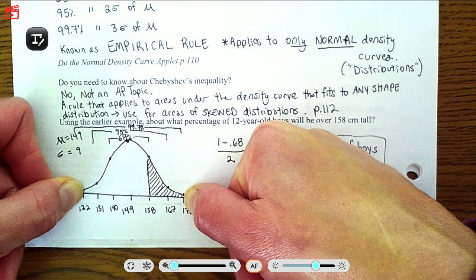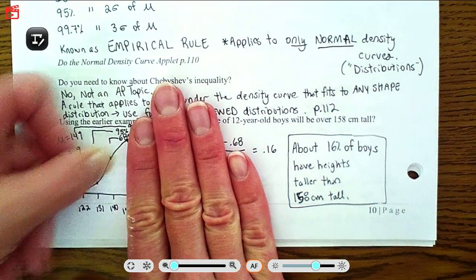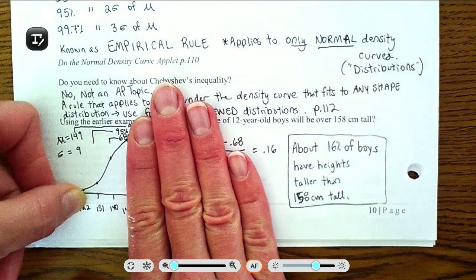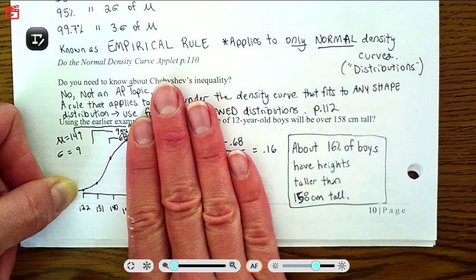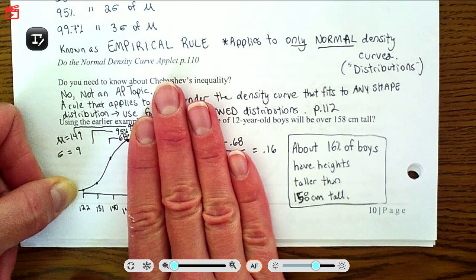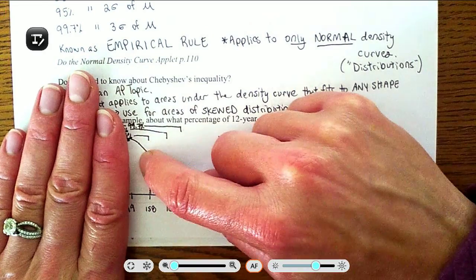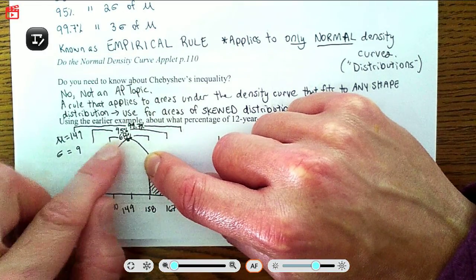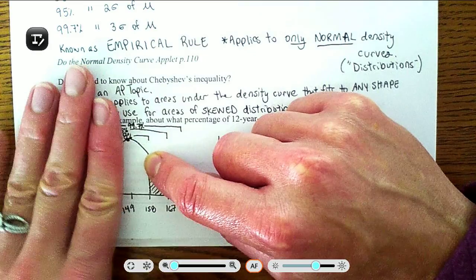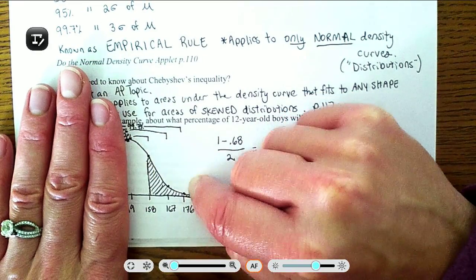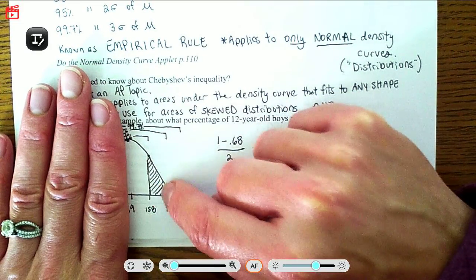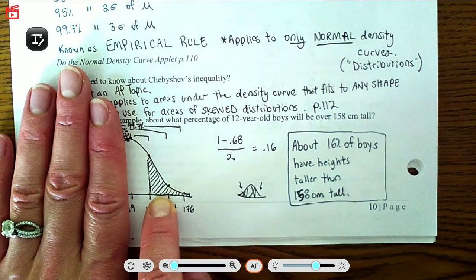And we can try to make subtractions here. So if I know that that's 50% of data right there, then I know that I don't have any boys' heights that I'm curious about in that interval. Over here is another 50%, and especially right here is half of 68%, so 34%. So if I said that this is half, take away 34, I could find the remaining amount.